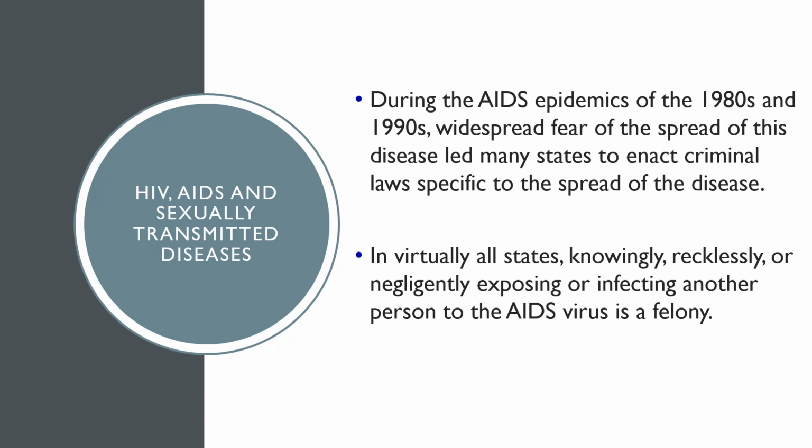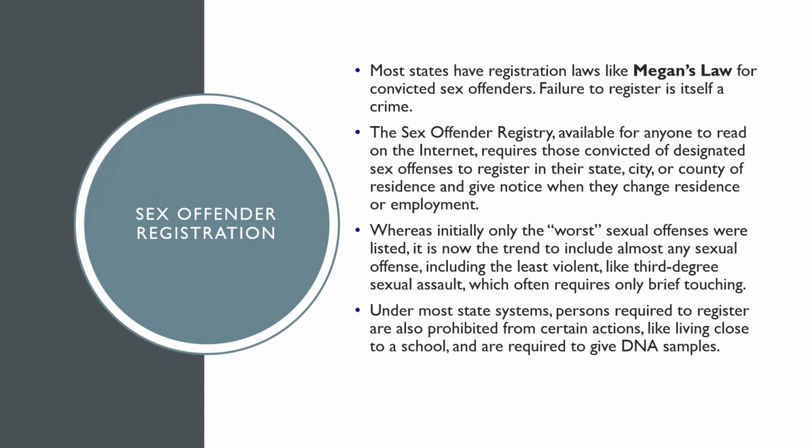Something else that happened in the 1990s was the rise of the sex offender registry. And this comes out of something called Megan's Law, named after a girl who was a victim of a sex offender.